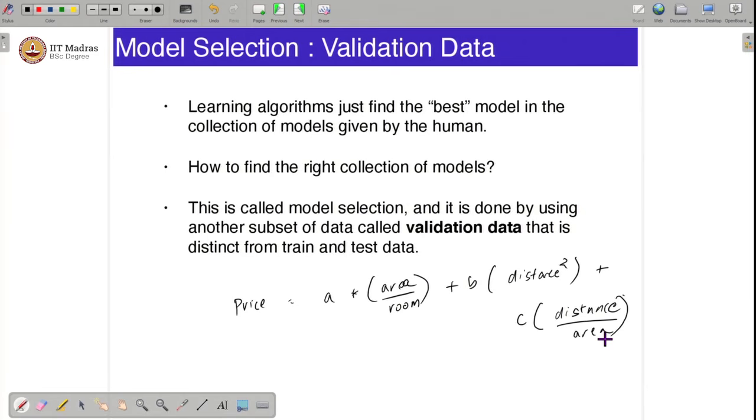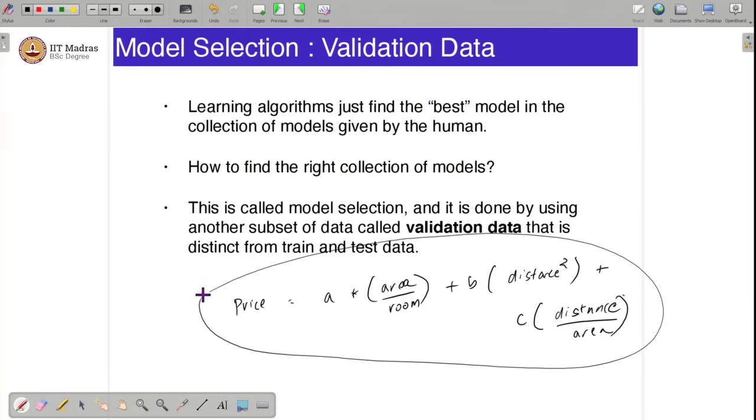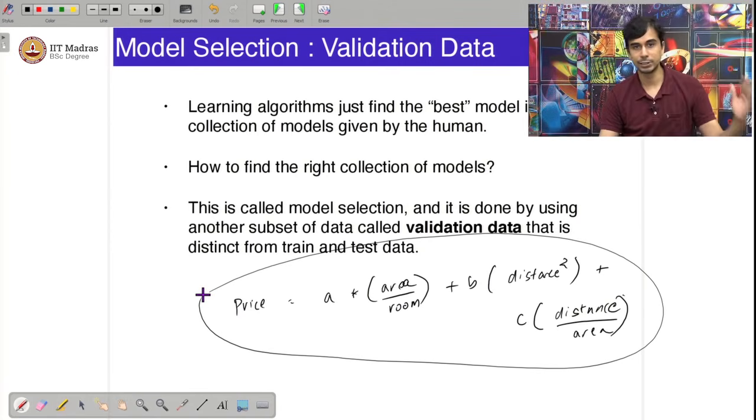So, this particular part of choosing the parameterization is not part of the learning algorithm, and that is part of a process called model selection, which is generally done by humans based on common sense. You decide that the price can linearly depend on area, distance and the number of rooms.